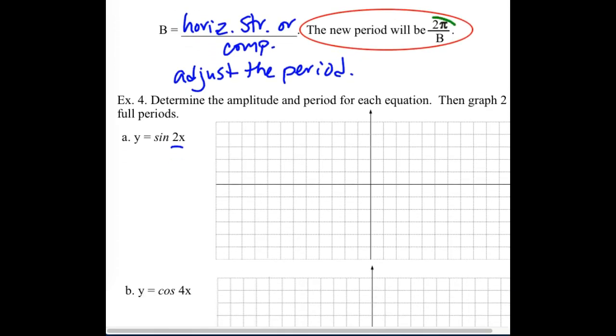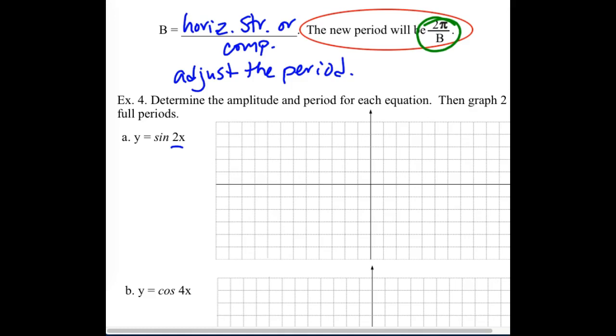To find the new period, and you might want to highlight this, circle it, put a big star by it, something. The normal period for sine and cosine was 2 pi. It's going to get divided by whatever b is. So the new period will always be 2 pi over b.